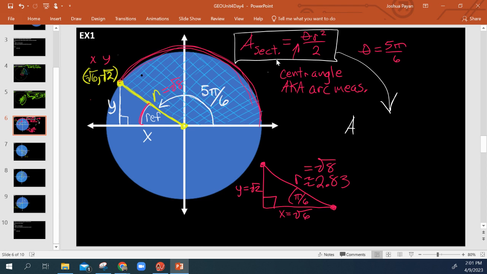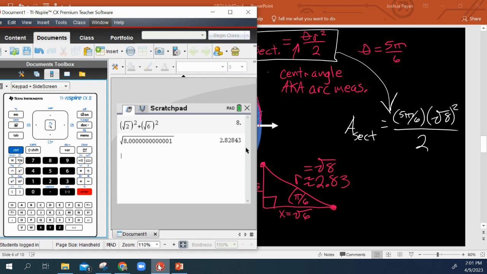Area of a sector is equal to theta, which is 5 pi over 6 for us, that's our central angle, our arc measure, times r squared, so the square root of 8 squared, all of that divided by 2. You don't really need a calculator because the square root of 8 squared is just going to be 8, but I'm not going to get into all that. We'll just put this in the calculator.